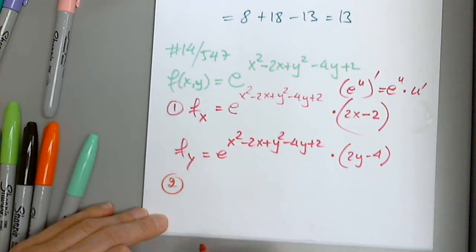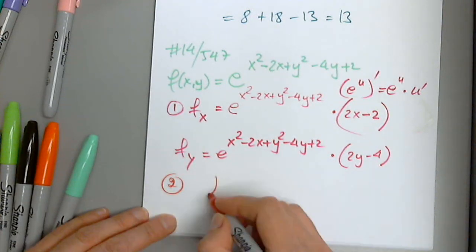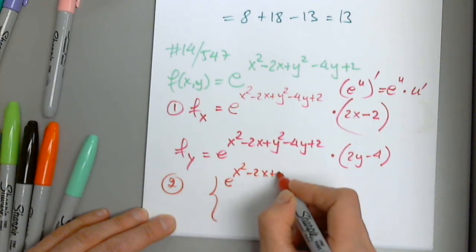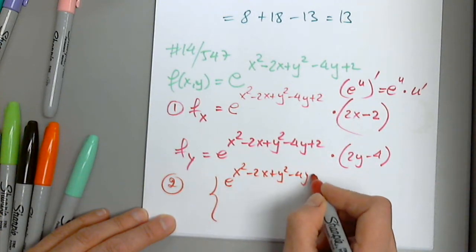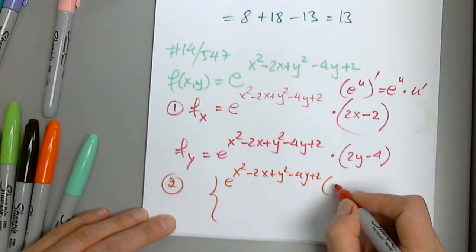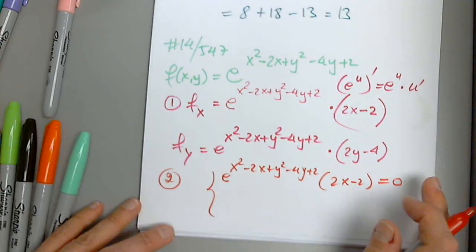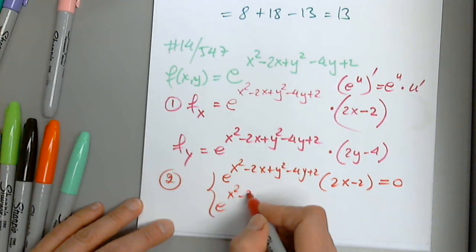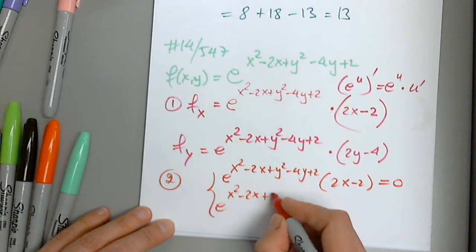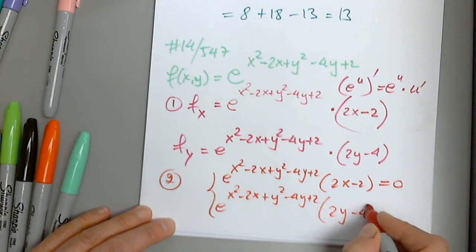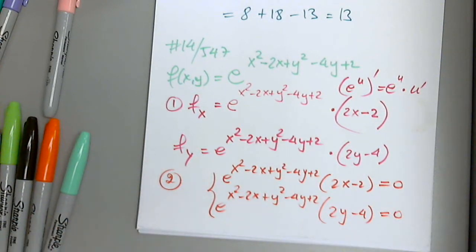Find the system of equations. Very good. So I have that e to x squared minus 2x plus y squared minus 4y plus 2 times 2x minus 2 is 0. And e to x squared minus 2x plus y squared minus 4y plus 2 times 2y minus 4 is 0.